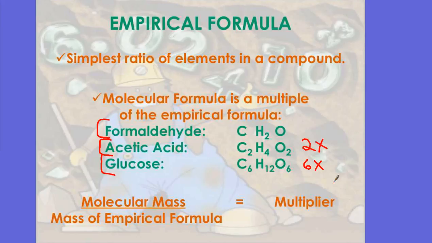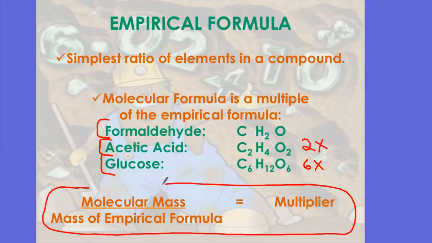Sometimes you can't see it, and this is our formula of how we're going to figure it out. If we took the mass of each of these, let's say formaldehyde and sugar, the molecular mass, this one would be the sugar, glucose. If we added up all these guys, got its mass, and we divided it by the mass of the empirical formula.